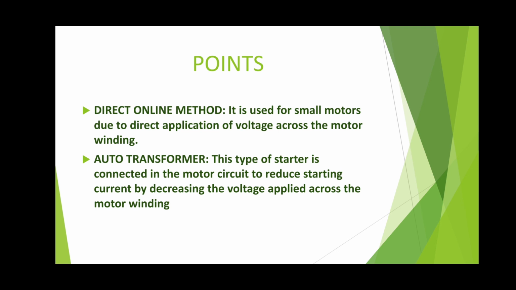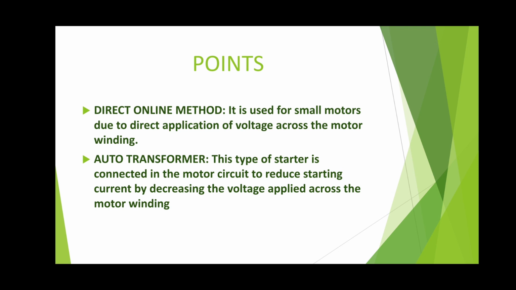Thirdly is the auto transformer. The auto transformer is a type of starter connected in the motor circuit to reduce starting current by decreasing the voltage applied across the motor winding.